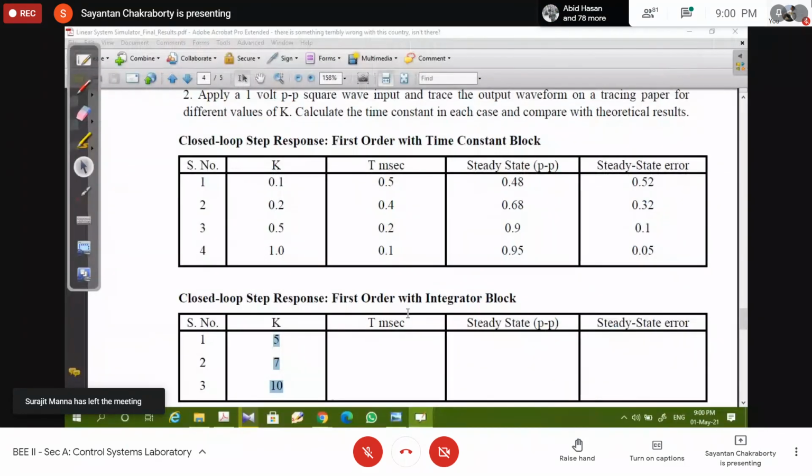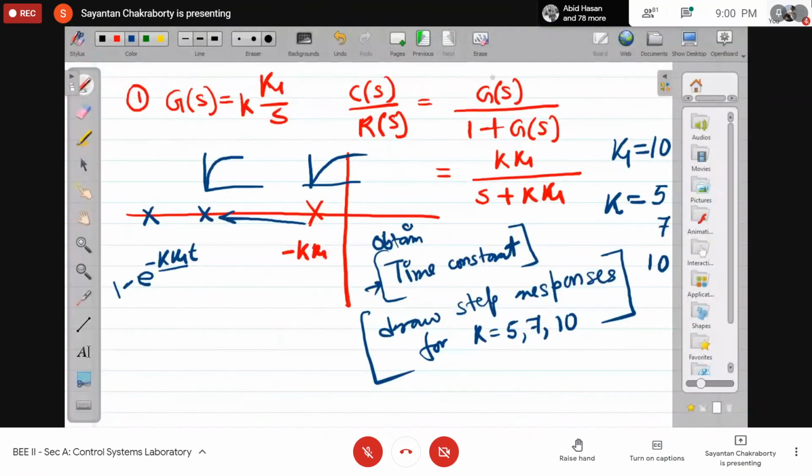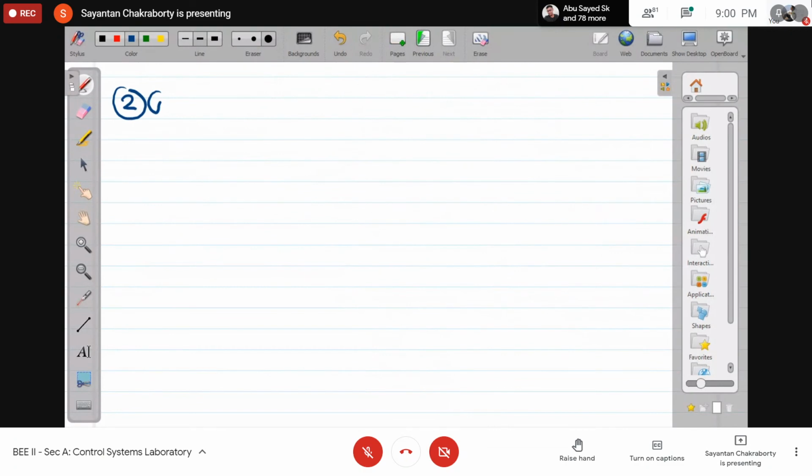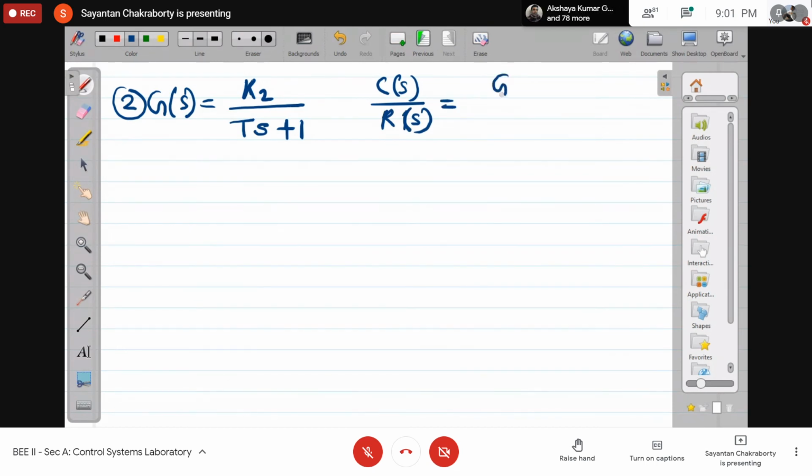Okay. Next, what you have is a time constant block as your G. So case 2, the G(S) is K2 by TS plus 1. So what is your C(S) by R(S)? You calculate G by 1 plus G(S).